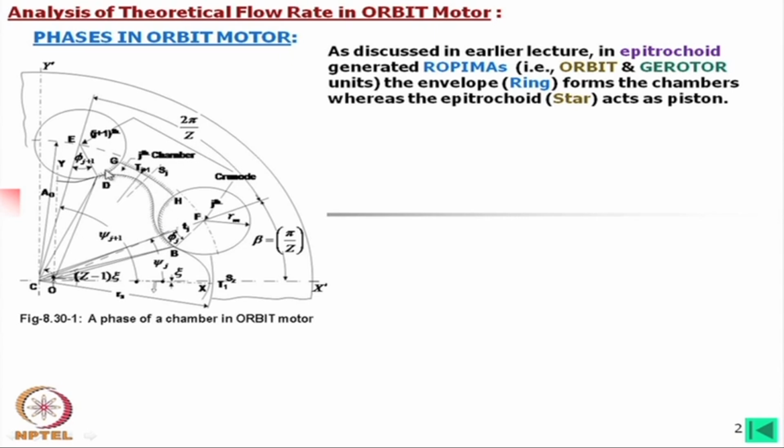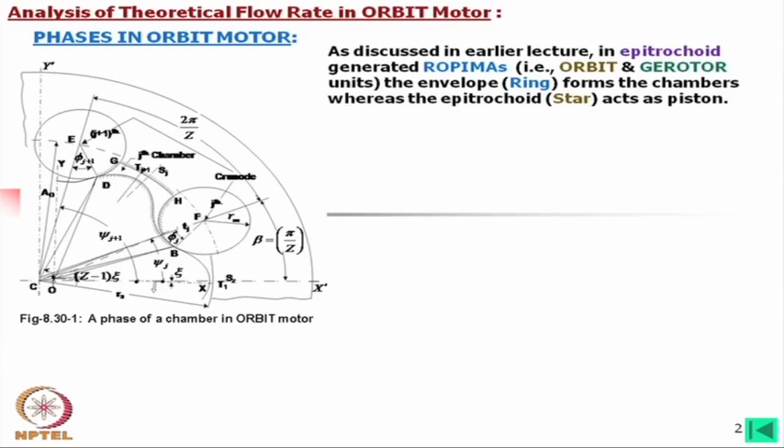One particular chamber is shown here, which is formed by the outer member, that is the envelope, the ring, which is the cylinder, and this is acting as a piston. Unlike the cylindrical piston machines, in this case the area varies, and so the variation of volume with the shaft rotation is equal to the variation of area multiplied by the thickness of the star and ring, which is constant.